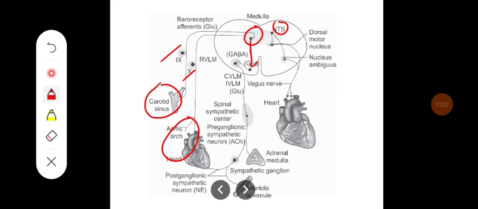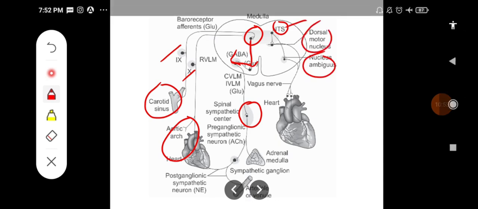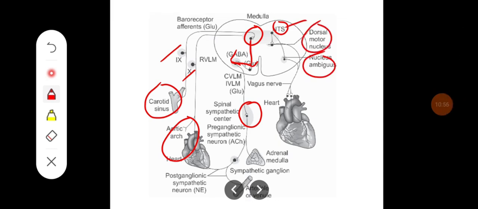The depressor area in turn inhibits the pressor area, which inhibits the spinal sympathetic center, and it decreases the sympathetic drive. Whereas the stimulated NTS also stimulates the nucleus ambiguus and dorsal motor neuron, which are nuclei of the vagus, which has a negative effect on the heart. Ultimately, they decrease the blood pressure and decrease the heart rate.